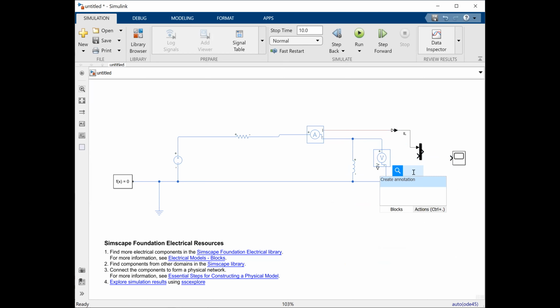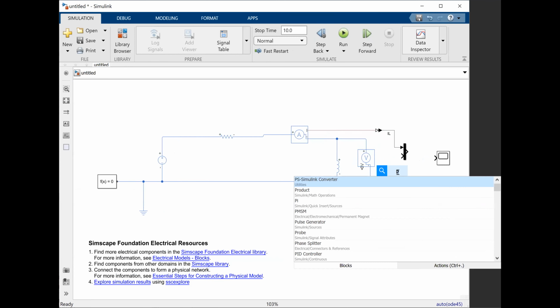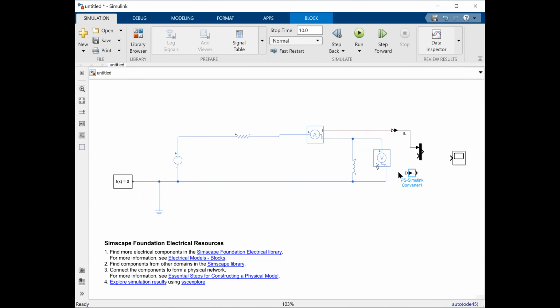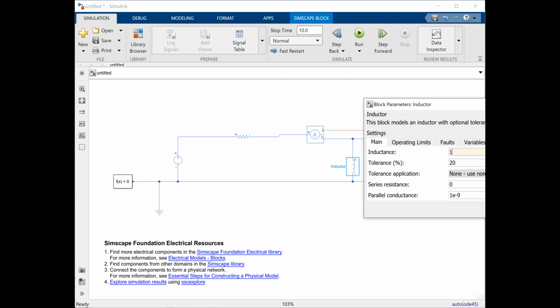Let me use this. Let's call it V of L. Okay, let's switch back the values.